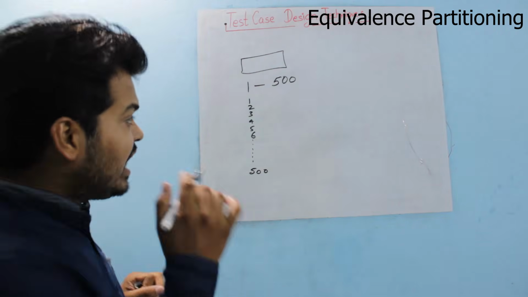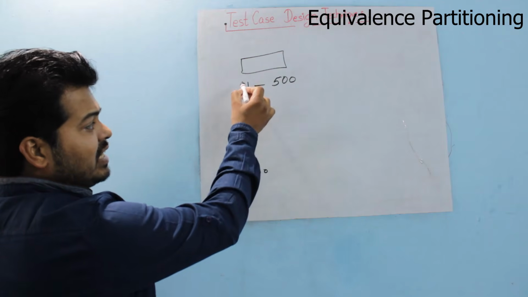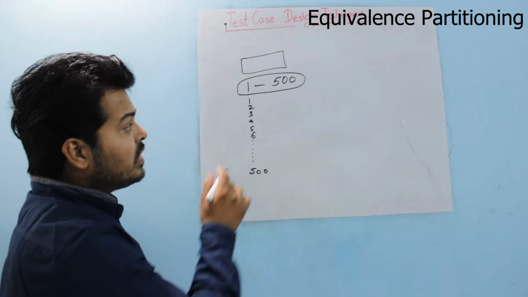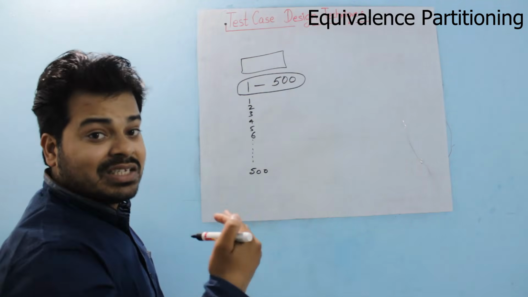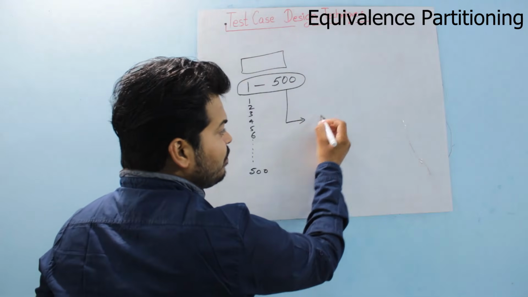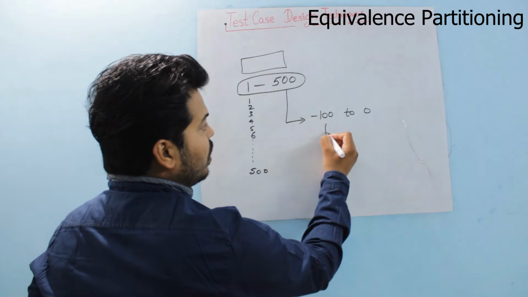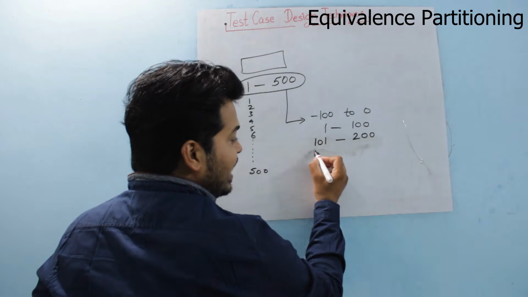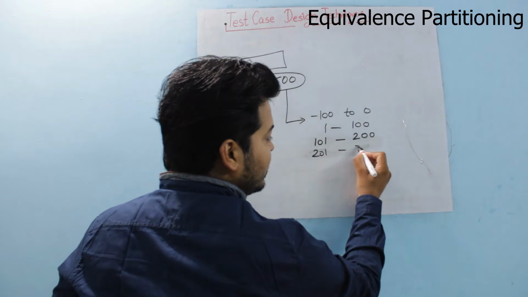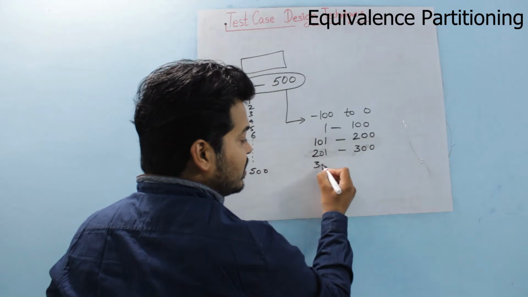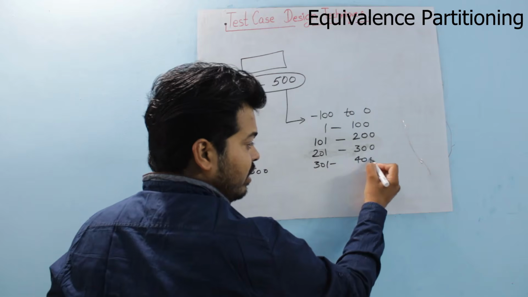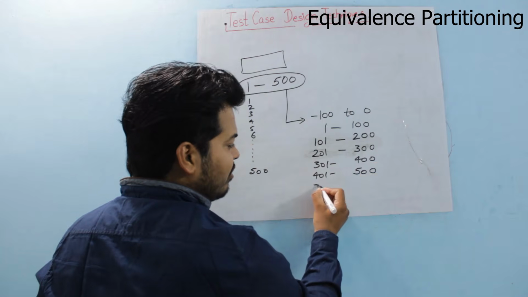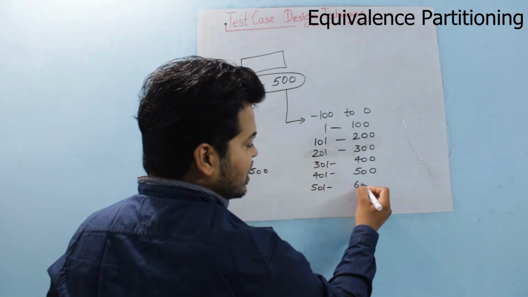Equivalence partitioning says that if your requirement says that your input can accept 1 to 500 digits, you can divide this into classes. You can divide this into -100 to 0, 1 to 100, 101 to 200, then 201 to 300, then 301 to 400, and then 401 to 500, and then finally 501 to 600.